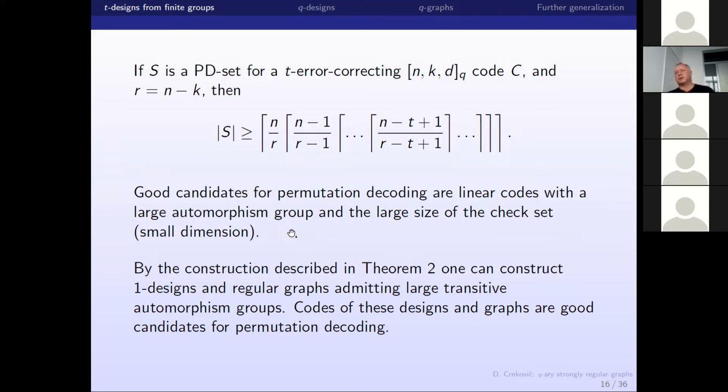So using this, we can construct designs or graphs with large automorphism groups, and then we can span codes with incidence matrices or adjacency matrices and get codes which are good candidates for permutation decoding.